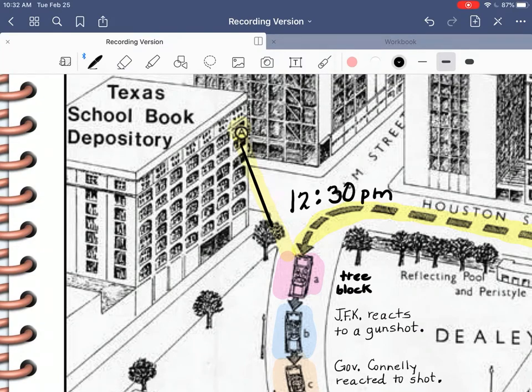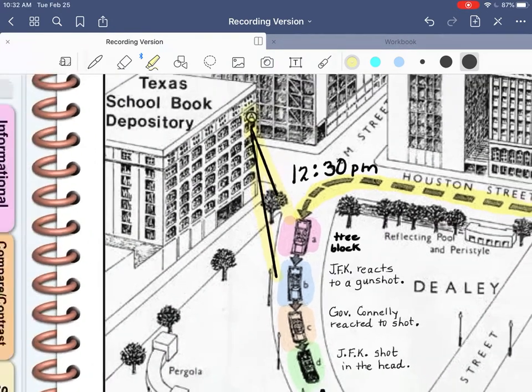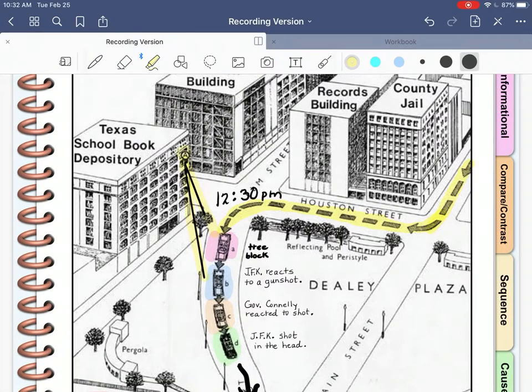So he waited until the motorcade moved a second further. So we're looking at this angle. And remember, this is where the first shot hits the president. So he realizes something is desperately wrong here. At this point, the governor reacted to the gunshot that hit him.